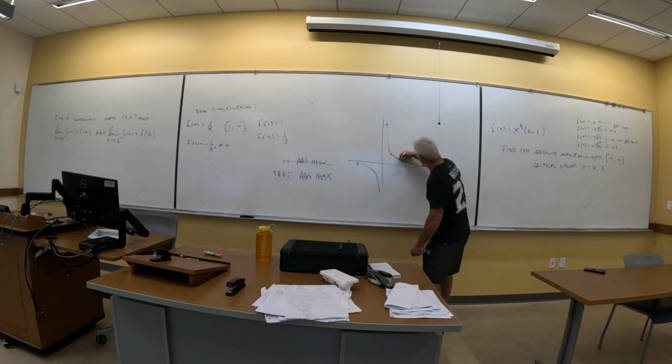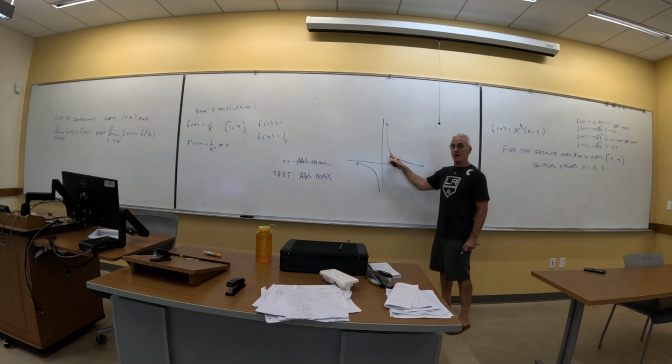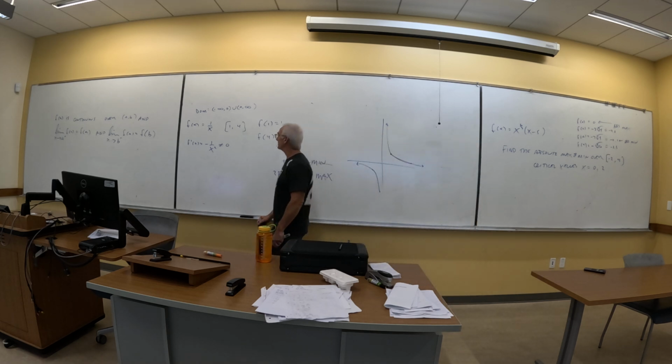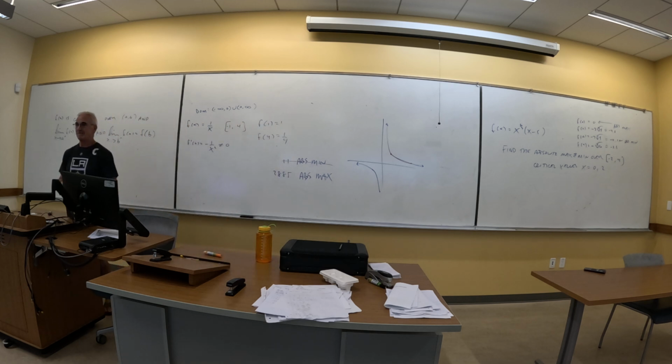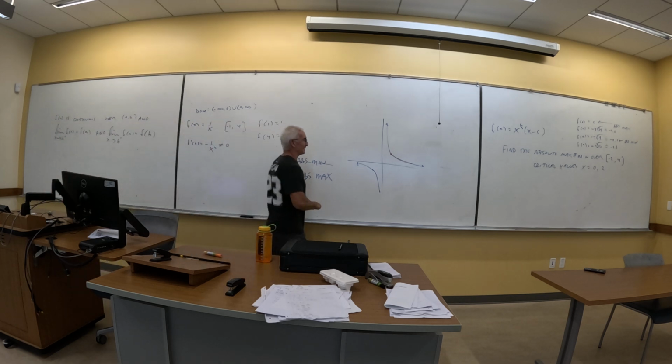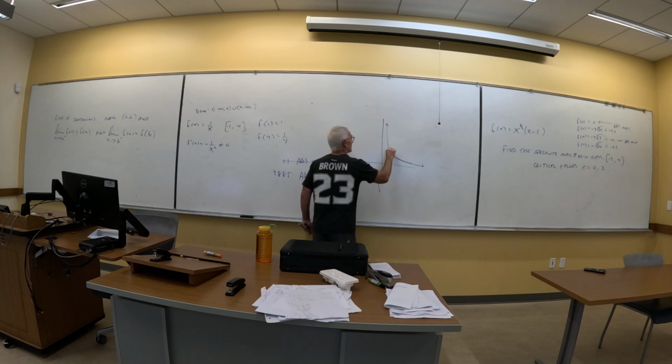So we chose this portion. That was our high, that was our low. Now, how could I really mess you up on this? This is where you've got to be paying attention. All right, I'd like you to find the absolute max and min over this interval. Now, what did I just do?